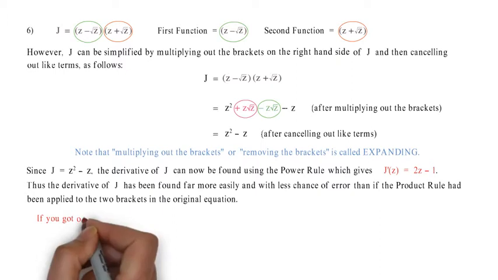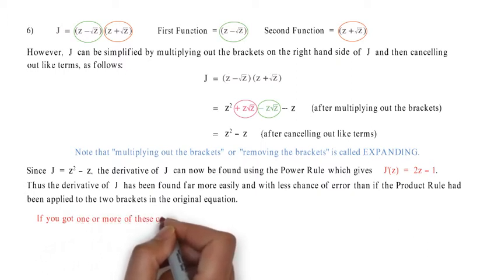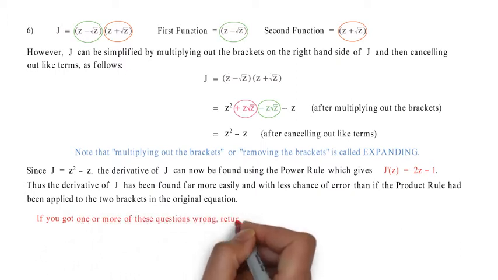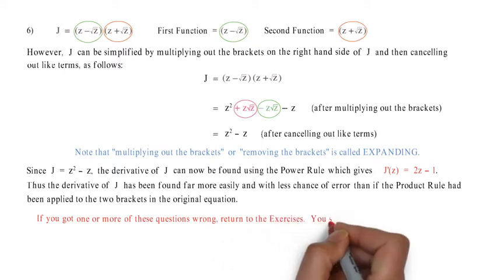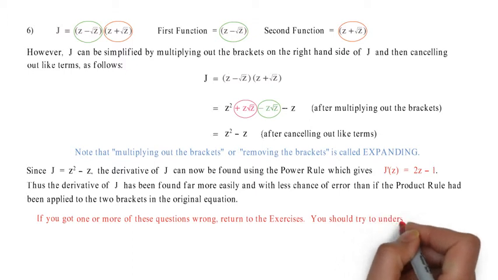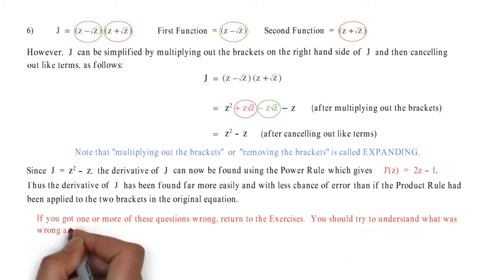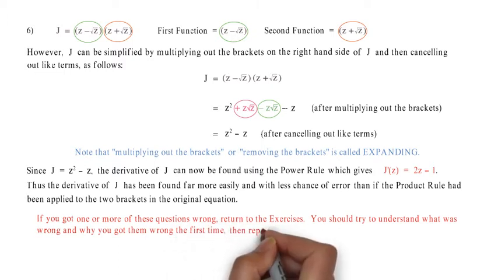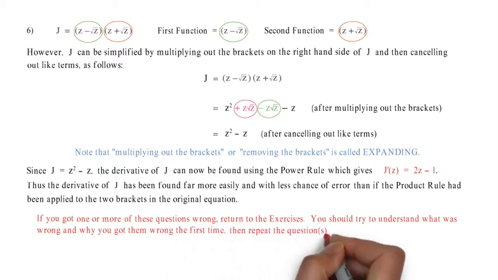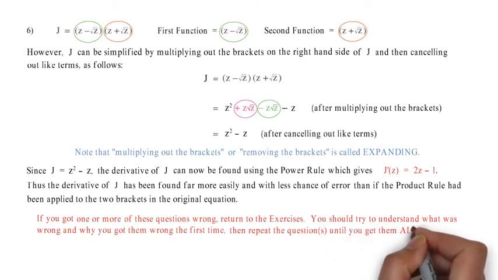If you got one or more of these questions wrong, return to the exercises. You should try to understand what was wrong and why you got them wrong the first time, then repeat the questions until you get them all correct.